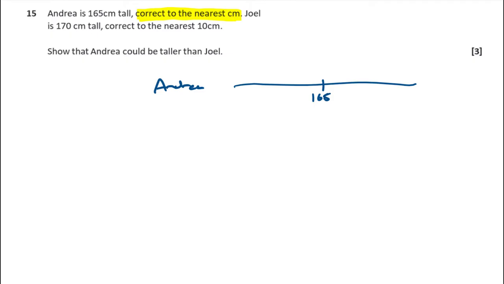Now in this case, I'm going to the nearest centimeter, so I'm going to go 1 centimeter up, 166, and 1 centimeter down, 164. And then I'm going to think, well, what numbers round to 165? The numbers that are halfway between those or nearer are the ones that round off to 165, aren't they? So if they're in this area, they're closer to 165 than they are to 164 or 166.